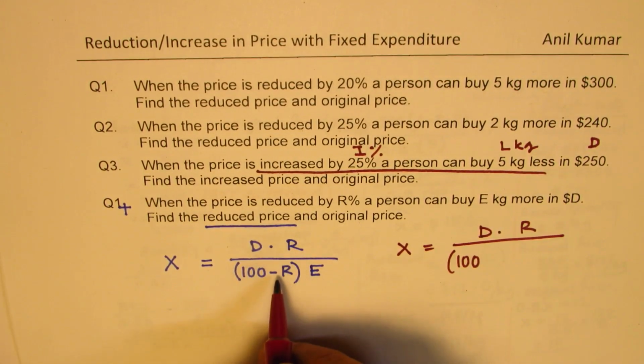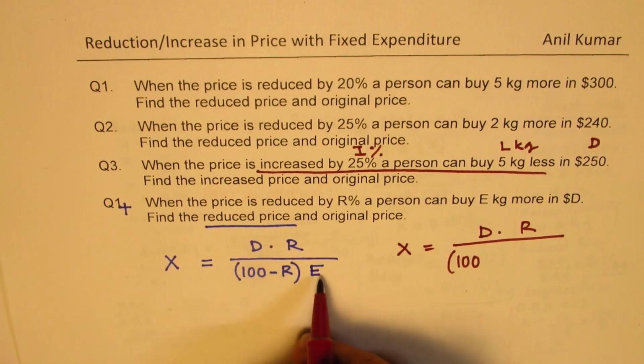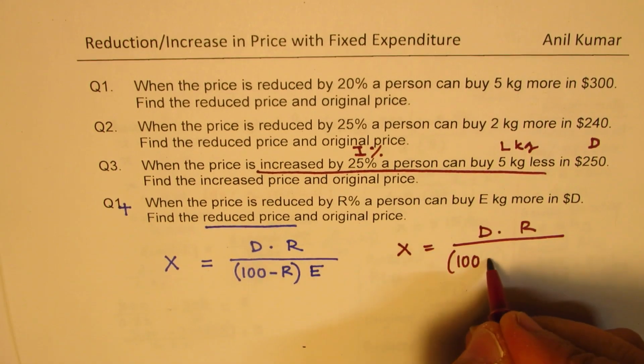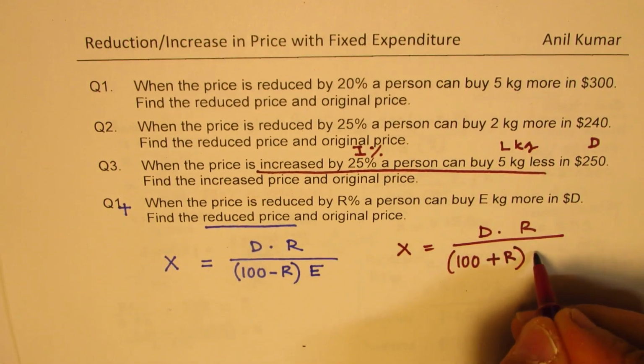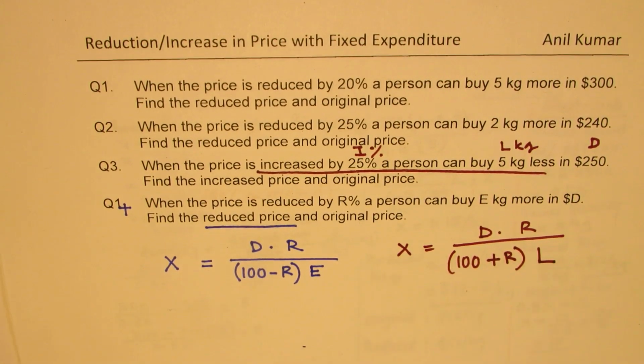Just think R is negative. So this is negative, that is also negative, so all negatives will just make it positive, and this is loss. Do you see that? So we get this formula.